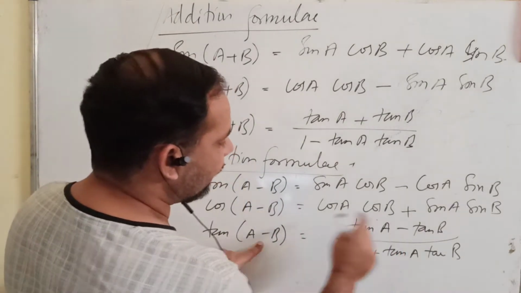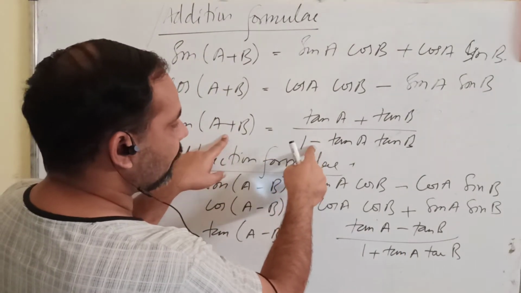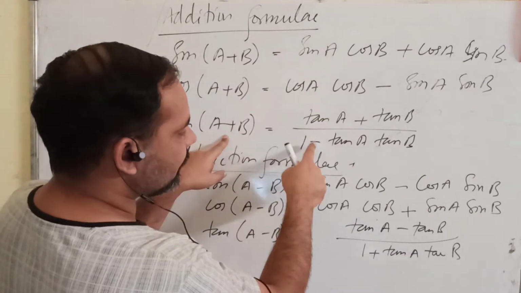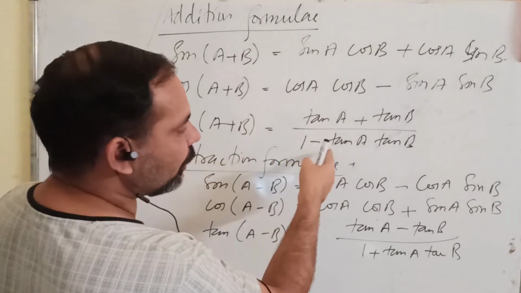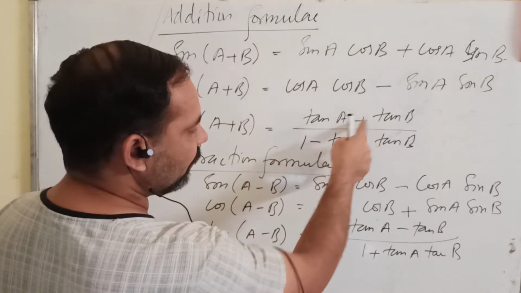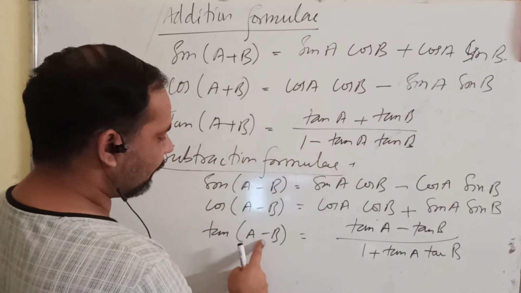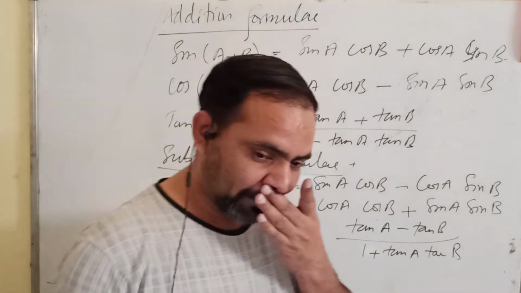If minus is there, you write minus. In the denominator, you reverse that sign. If plus is given, you write minus. If you have minus, you write minus in the numerator and plus in the denominator.